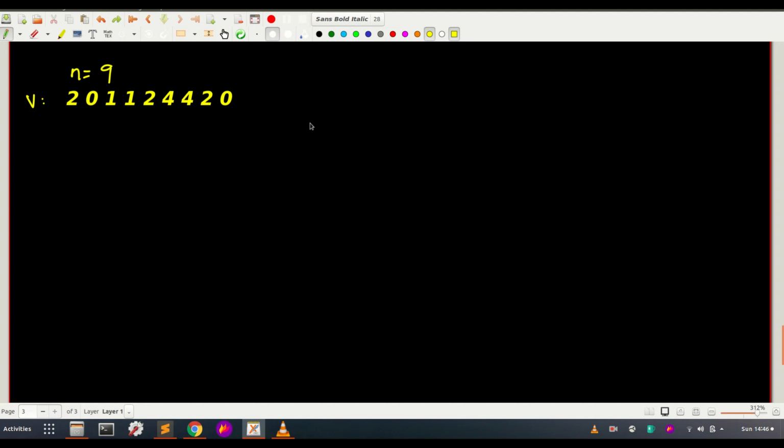Let's take an example and try to convert this array V, which is of length 9, into an array which is non-decreasing, specifically of this particular format. The reason why we are trying to convert this into this particular format is we know that the MEX of any given array is always going to be between 0 and n inclusive.